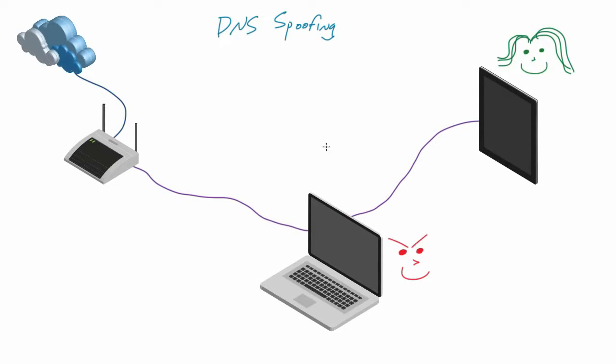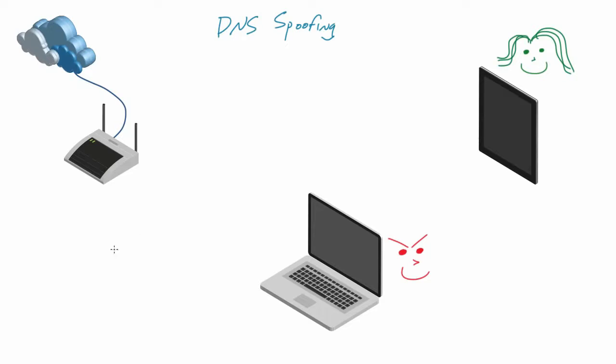Now he isn't just listening, but all of the traffic between Emily and the access point passes through him. That way he can inject packets and alter all the traffic any way he wants, and that's what I'm going to be showing you in the next tutorial.